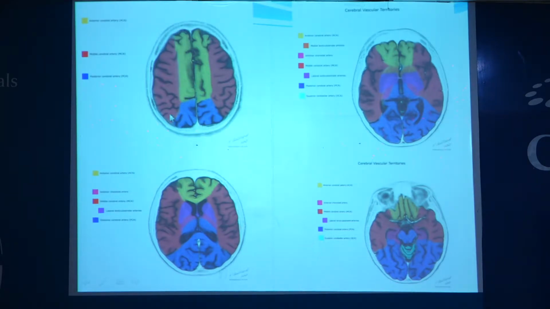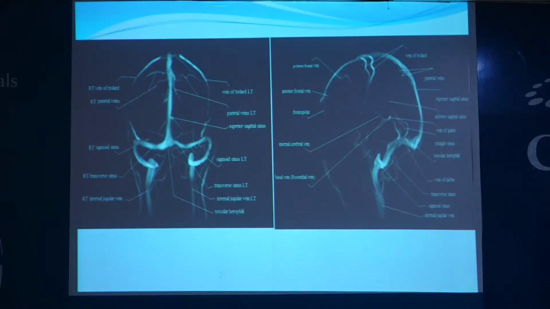Then these are the parts of parietal, occipital lobes that are supplied by the posterior cerebral artery, even the thalami and the midbrain. We can see something in purple. These are the basal ganglia that are supplied by lenticulostriate arteries. These are again branches of middle cerebral artery.